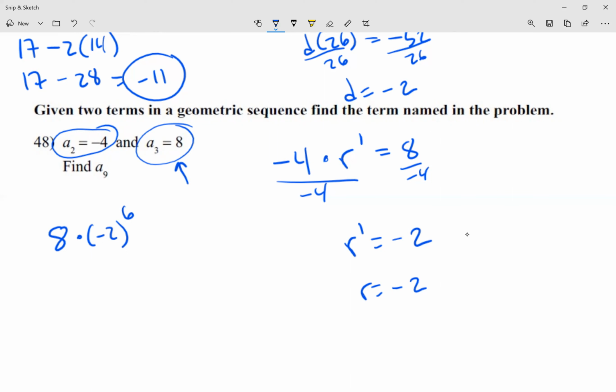So I had to find out what -2 to the 6 is. And that's positive 64. So I have 8 times 64, which is 512.